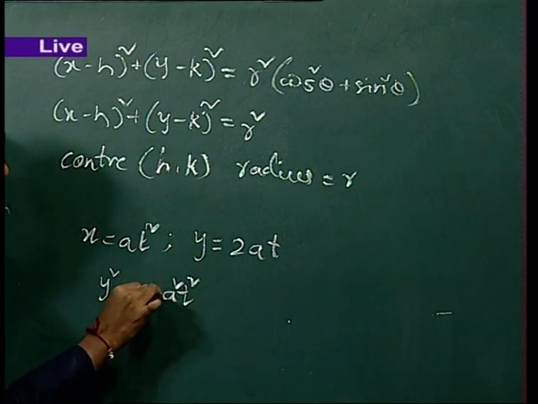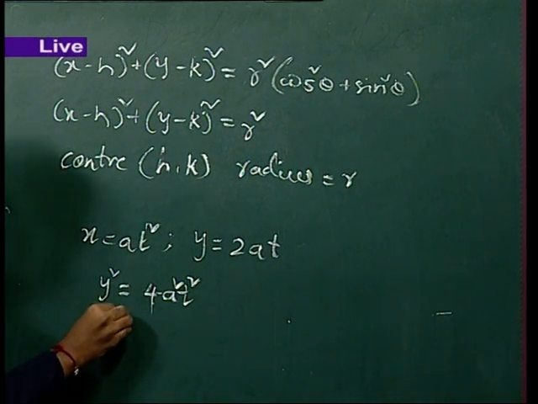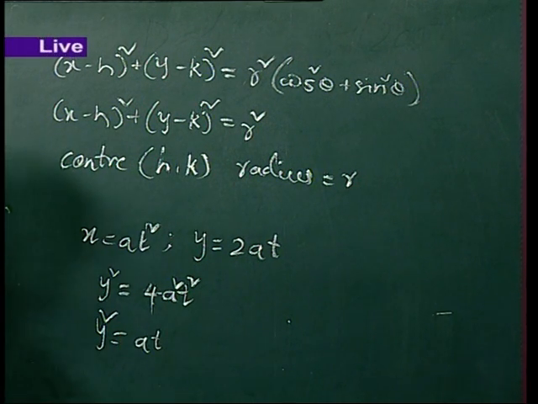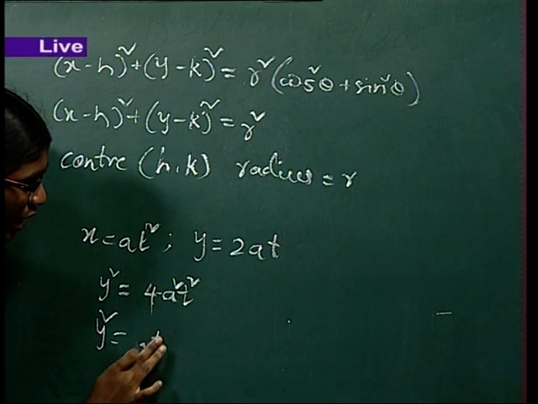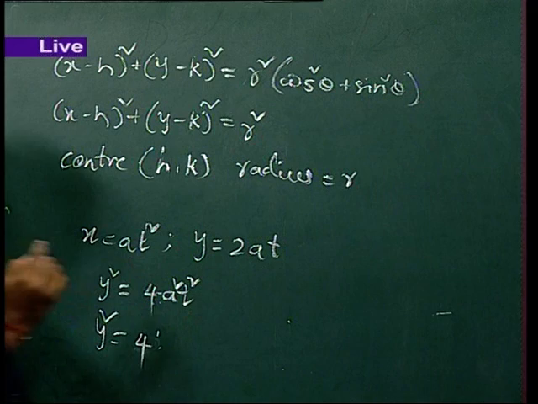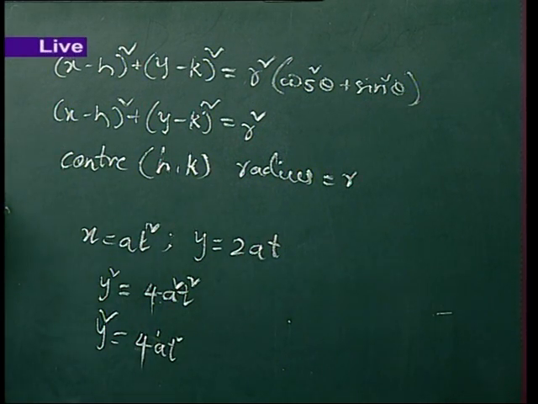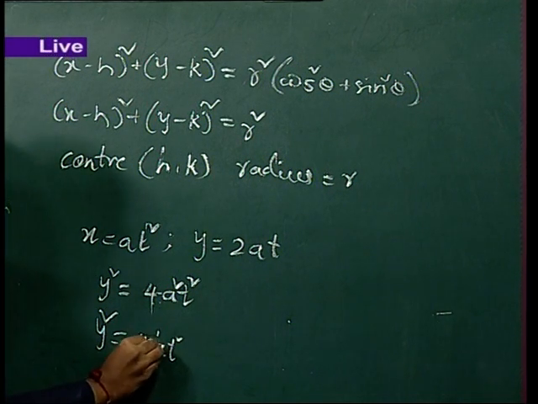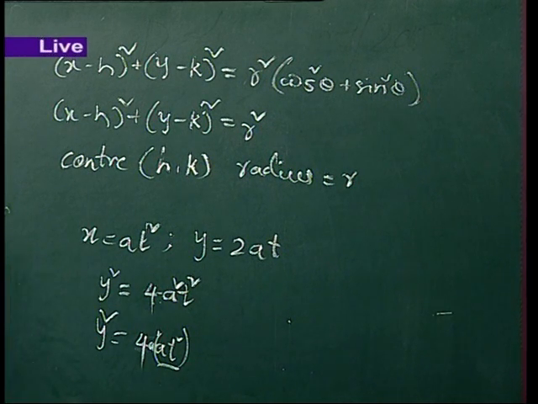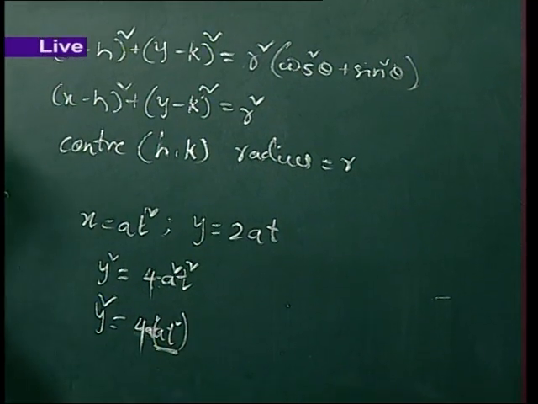By this, we write 4a into, taking a as common outside the bracket, and inside we have at square.